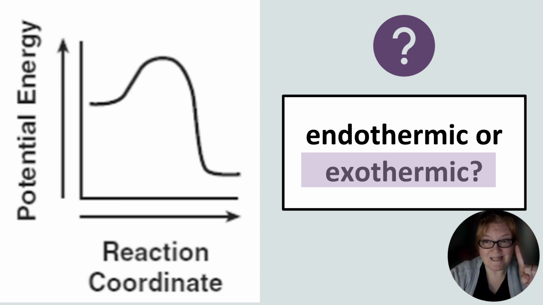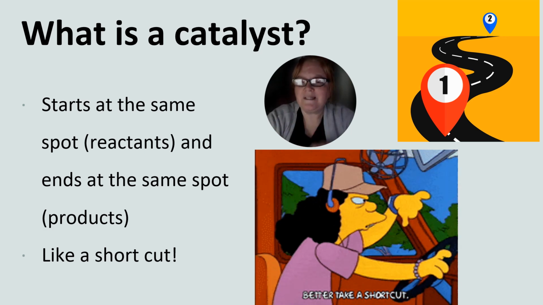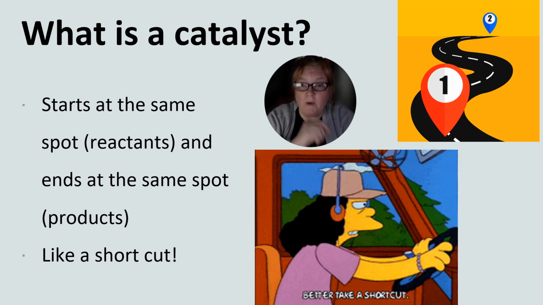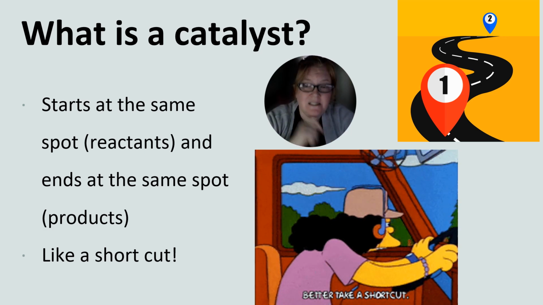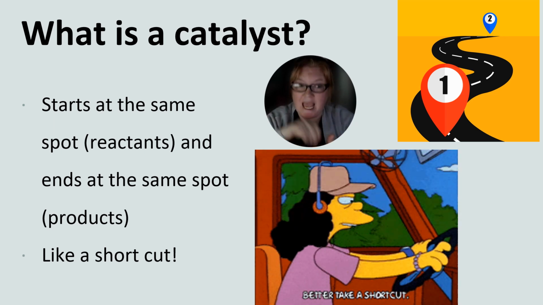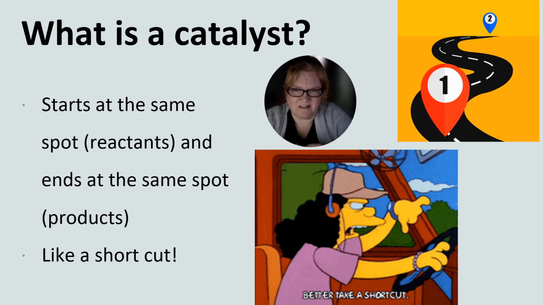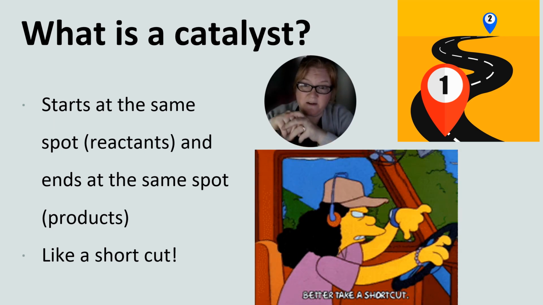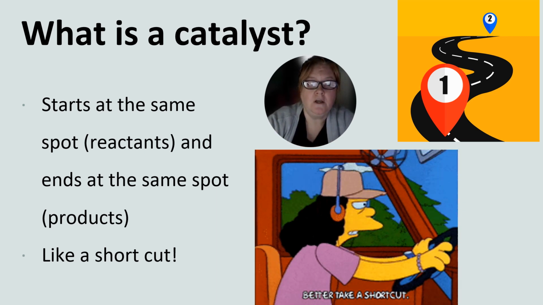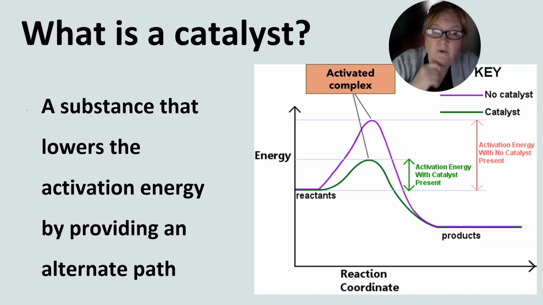All right, one last thing. What is a catalyst? Okay, well, a catalyst starts at the same spot, reactants, ends at the same spot, products. But it's like a shortcut, so we're going to get there faster. How does it do that? Well, a catalyst lowers the activation energy and it provides an alternate path.